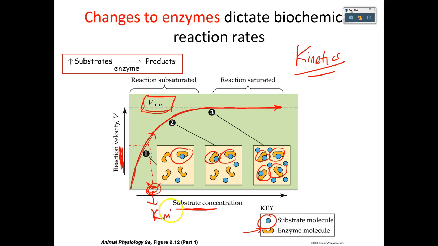This is the concentration of substrate at which you get half Vmax, and this describes the affinity of the enzyme, how well it's able to bind substrate. The lower the Km, the lower the concentration of substrate required to reach half Vmax, and the higher the affinity.